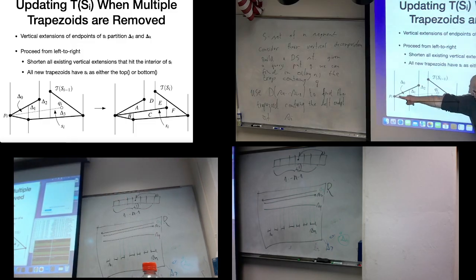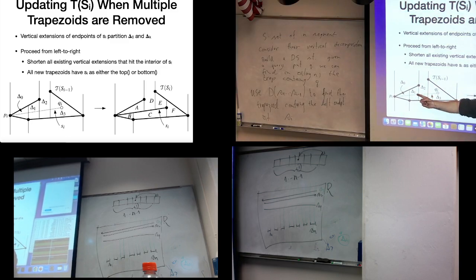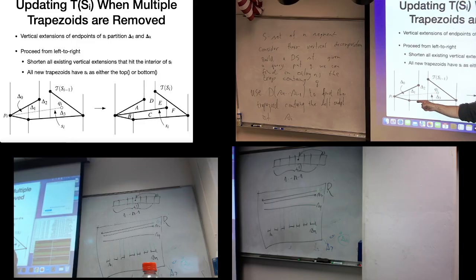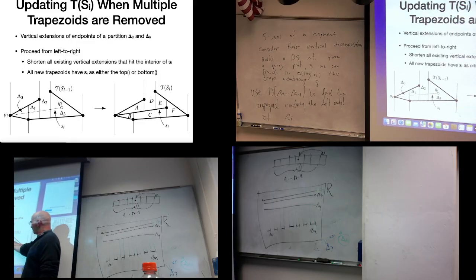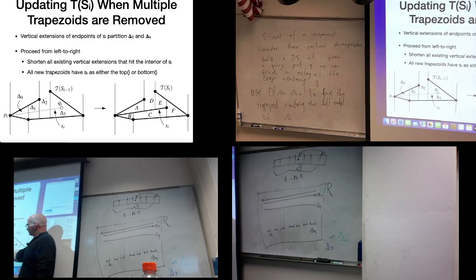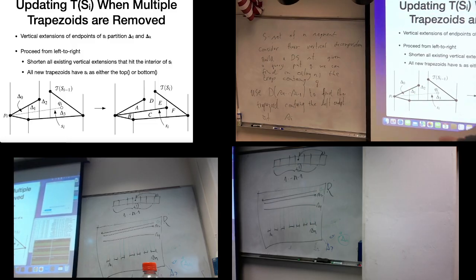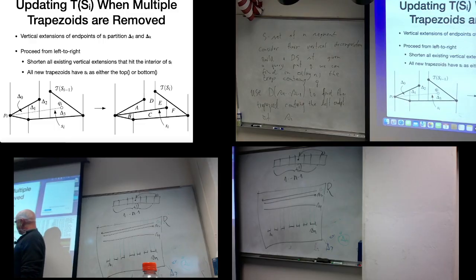As I'm walking through the segments, I can check for each one of them: was it created from an event above SI? Was it created from an event below SI? So a ray that crossed SI now ends at SI, and below it because it was created from a vertex below. This ray ended above, defining a segment to my left.